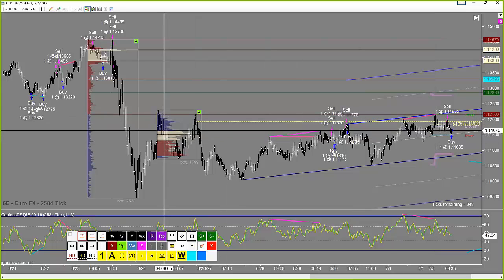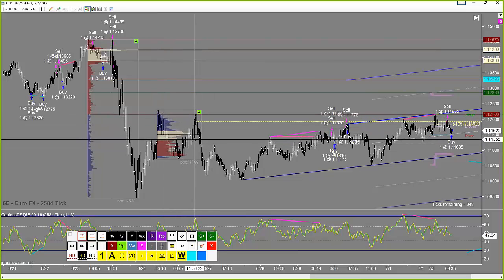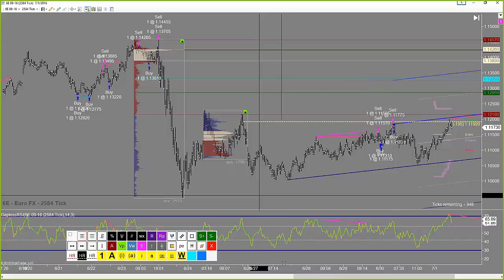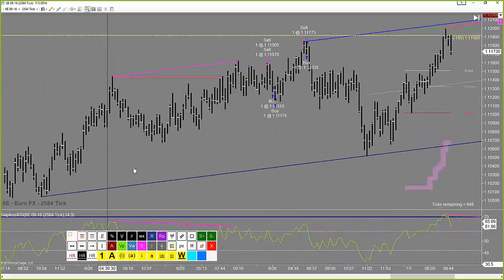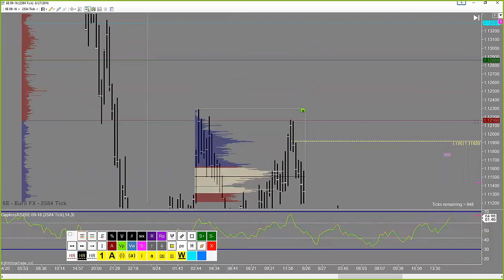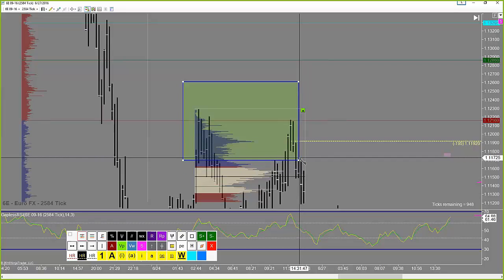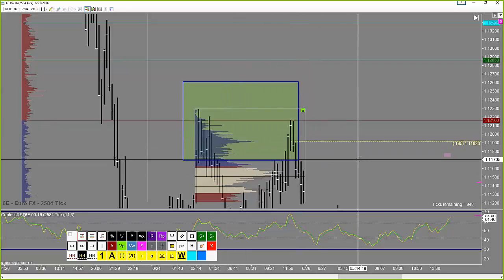All right, and then when looking at these individual swing highs here, if we were simply isolating just those swings right here, if we're looking at simply the upper part of these two swing highs, where is the point of control from right here up?